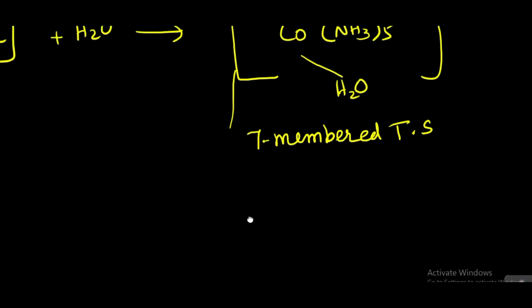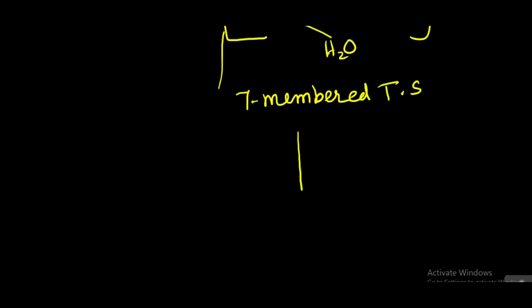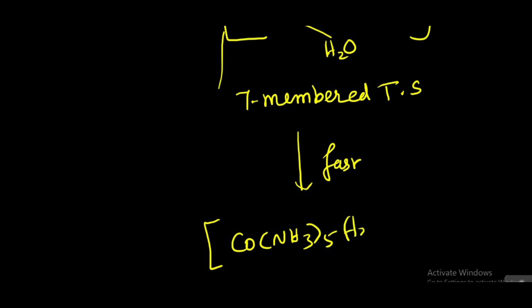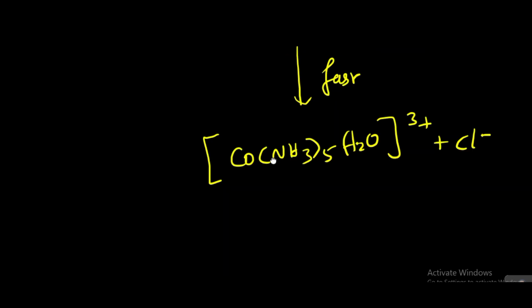So during the formation of the seven-membered transition state, what will happen? As soon as it has been formed, there is a compulsion to release the intermediate complex or transition complex at the transition state. Therefore it forms the [Co(NH3)5(H2O)]3+ complex.